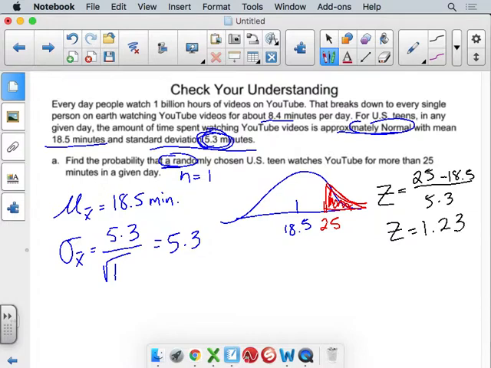It is important: the difference between 1.22 and 1.23 is a different answer. So make sure to round that. A z-score of 1.23.